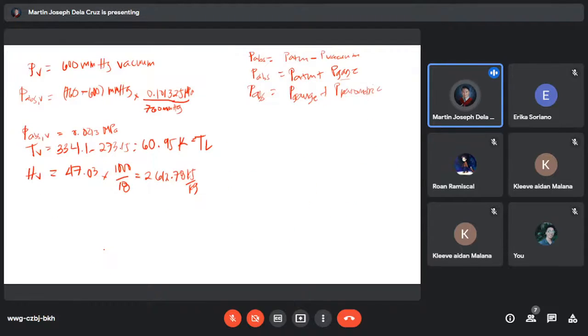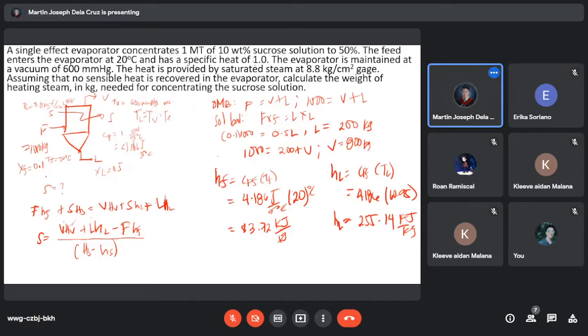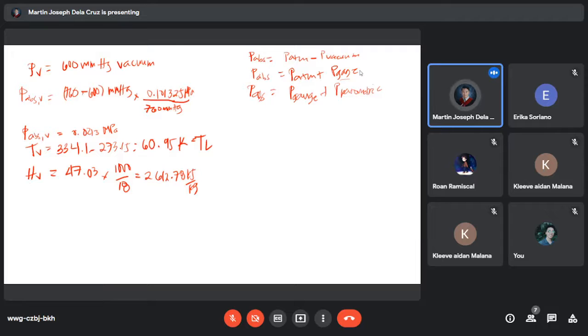So, in your periodic lang. In your handbook again, but take note na naka 8.8 tayo. Ito 8.8 kilogram force per centimeter squared gauge tayo. So, you have here your pressure of your steam, 8.8 kilogram force per centimeter square.